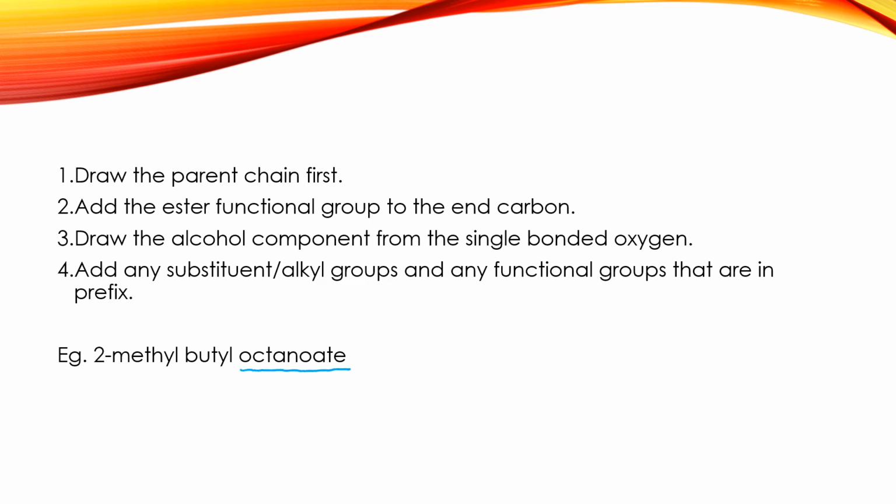Octanoate. So we're starting with oct. That is the first part. 1, 2, 3, 4, 5, 6, 7, 8. Now I'm going to put my ester functional group on, double bond O, O. This is the first carbon from the carboxylic acid.